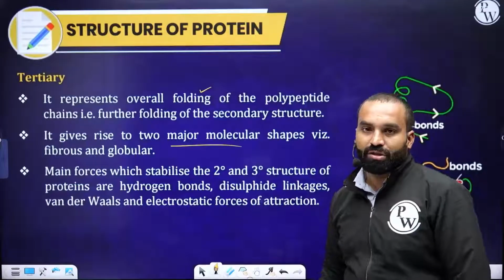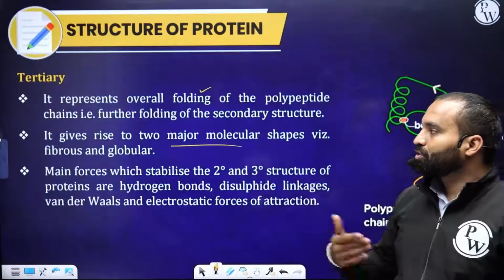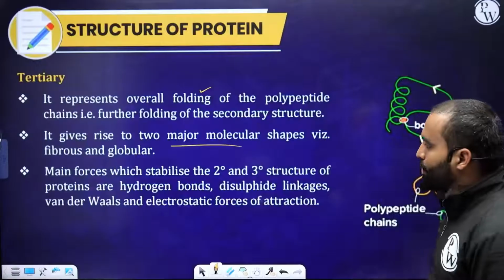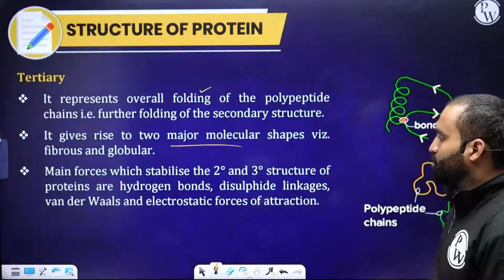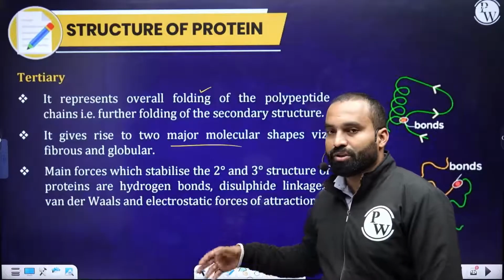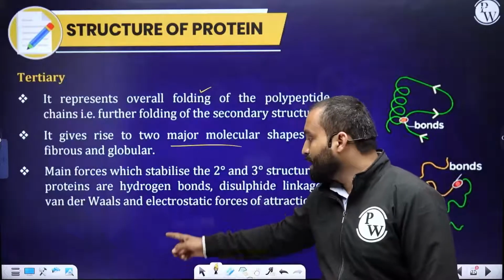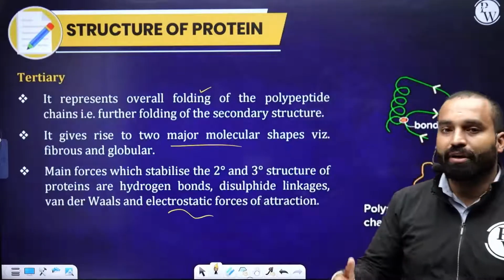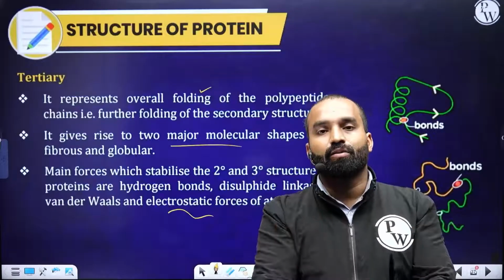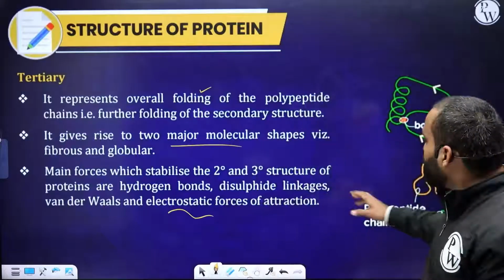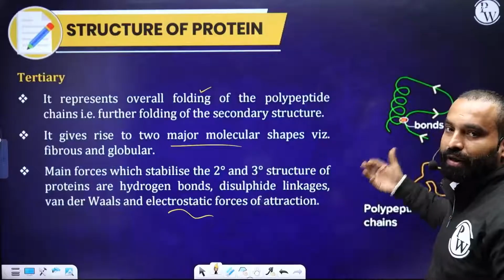So tertiary structures are responsible for the generation of fibrous and globular proteins. Okay, so what are the reasons behind tertiary structure? When we obtain tertiary structure, disulfide linkages, van der Waals forces, and sometimes electrostatic force of attraction also can bring the two together and cause even further folding of the molecule.